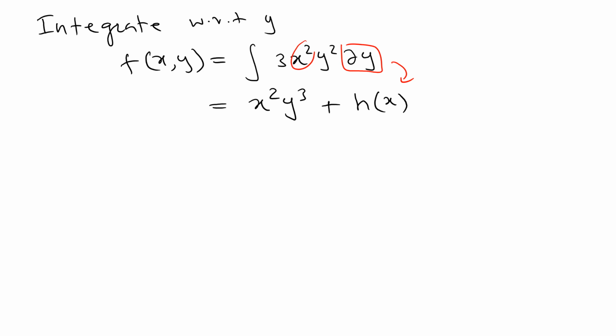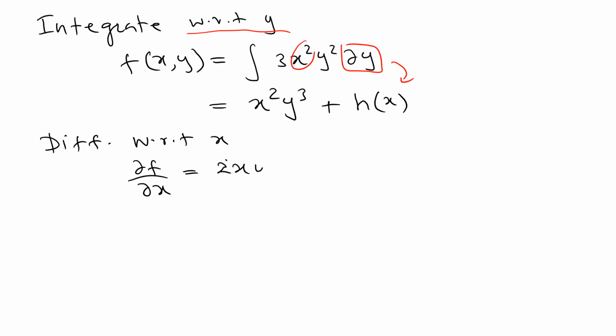Okay, so now we take the derivative of this one with the other variable. Since we picked the y variable here, now we take the derivative with respect to x. You get ∂f/∂x, which is equal to 2 comes in front, so 2xy^3 + h'(x), that's very clear.